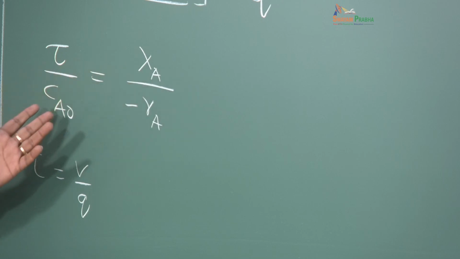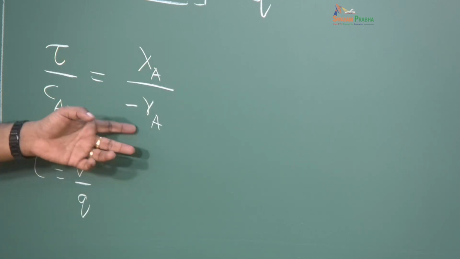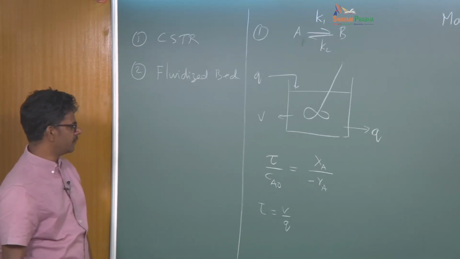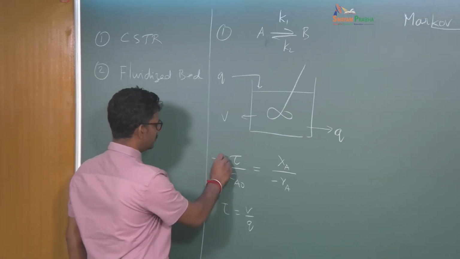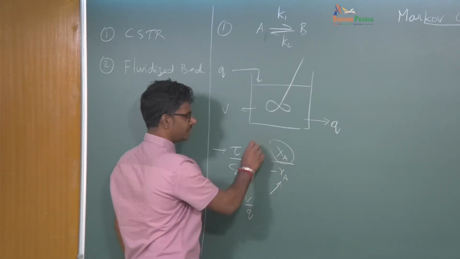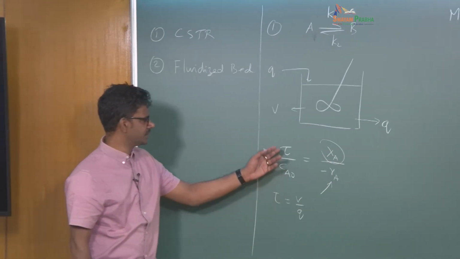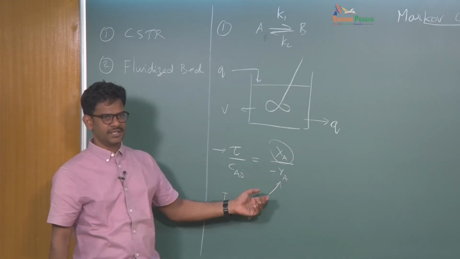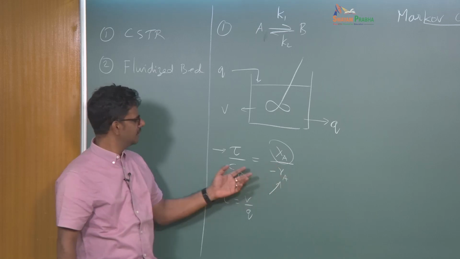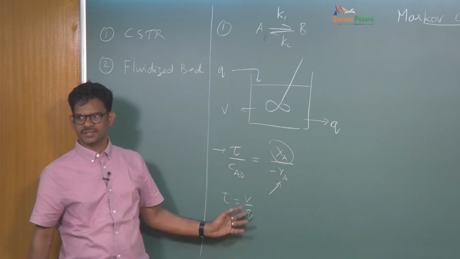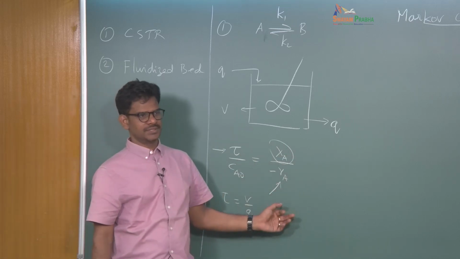You can write this in terms of Ca naught and Ca, and this minus Ra depends on the reaction kinetics. So this is how you predict, for a given tau and a given stoichiometry of reaction, what is the conversion, or vice versa. If you want a desired conversion, and the reaction kinetics, rate constants and order are known, you typically ask what is the volume of the reactor you need. These are the questions that we ask and answer in this case.